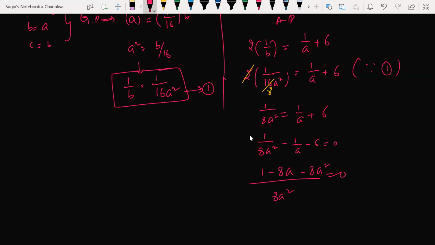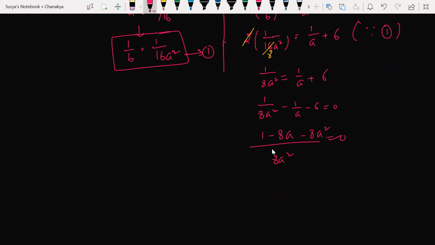Correct? So now, what are the values of a going to be now? Here, this is 6, right? Oh my goodness. So 48 here. 6 times 8, 48, right? So 48a square plus 8a minus 1 is equal to 0. This is the equation I get from this. Correct?